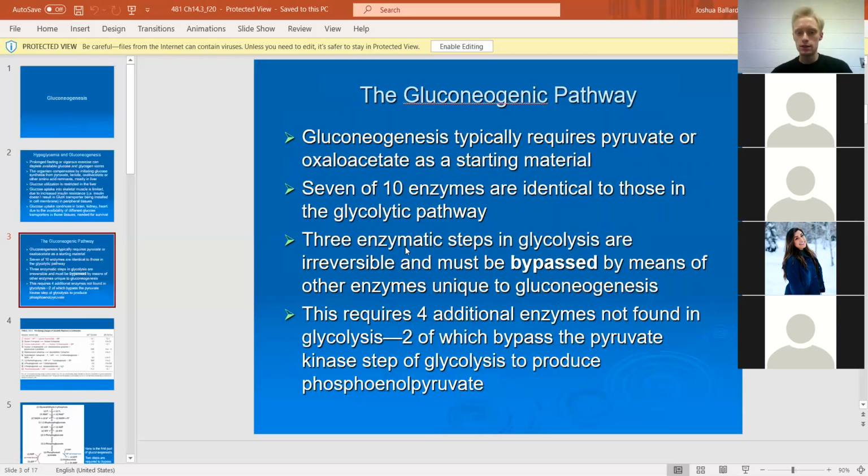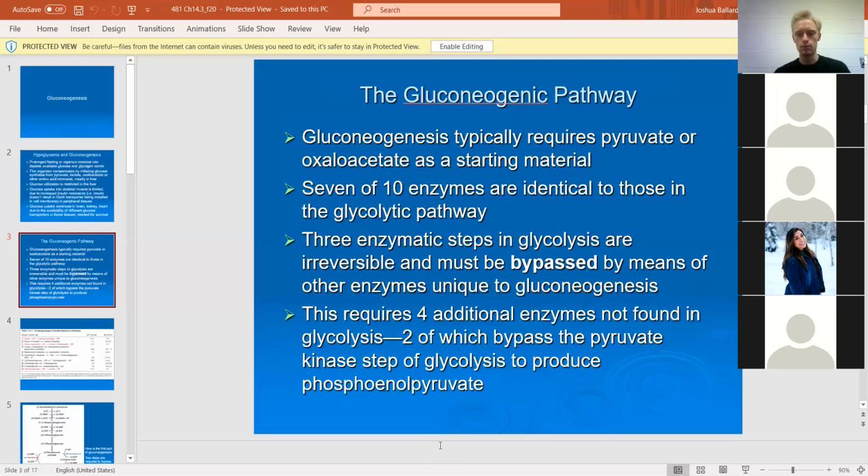Fortunately, gluconeogenesis is just kind of a backwards process compared to glycolysis. The differences are the first two steps of gluconeogenesis, which are, I believe, opposite reactions to the two irreversible reactions, steps 1 and 3 of glycolysis.